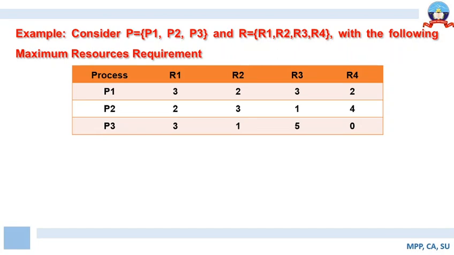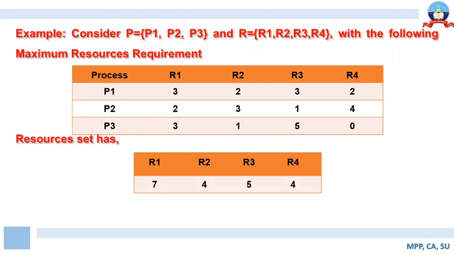So this is a very simple matrix that represents the resource requirement of the individual processes P1, P2, P3. And let us assume that we have in the resource set R1, R2, R3, R4 with the number of instances 7, 4, 5, 4 respectively.